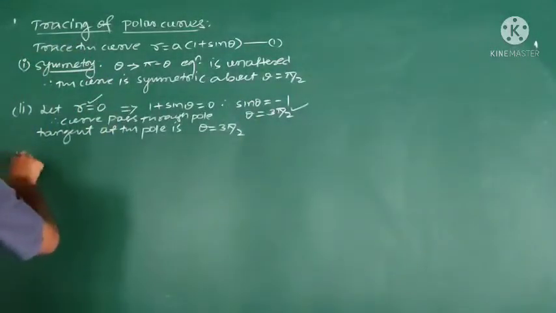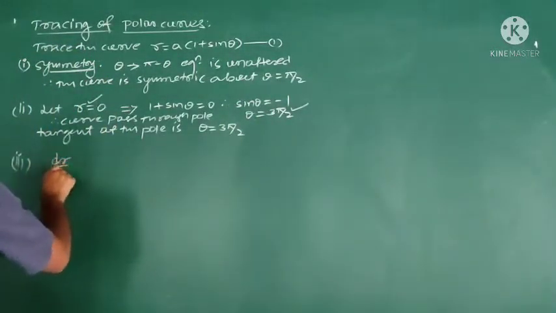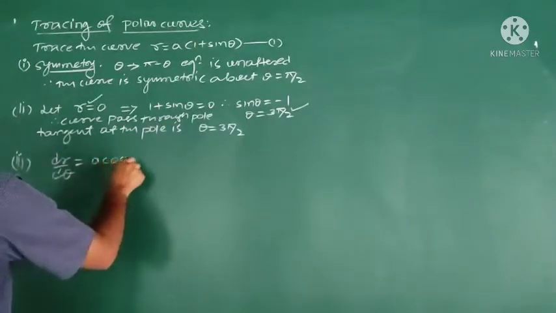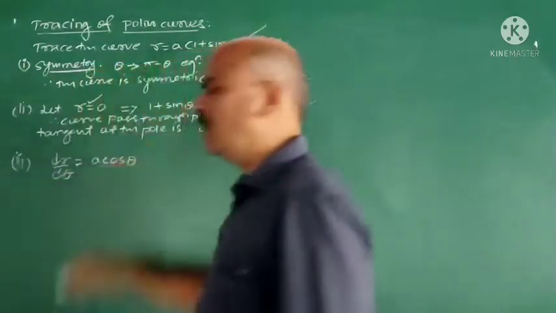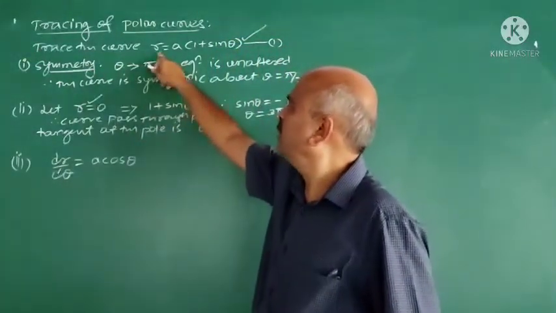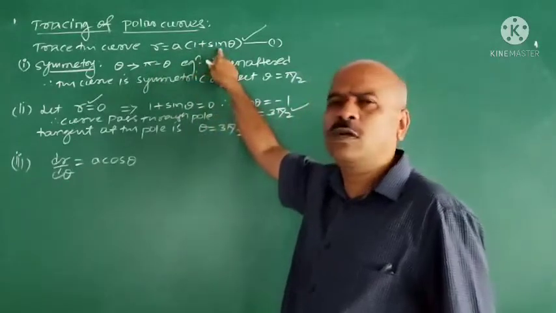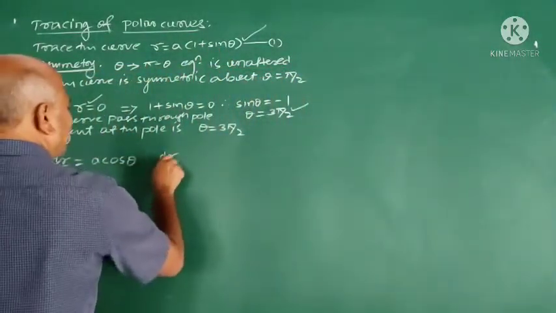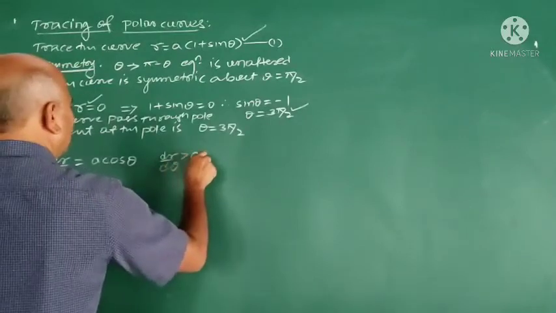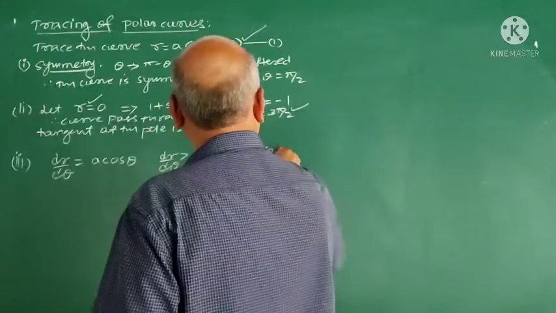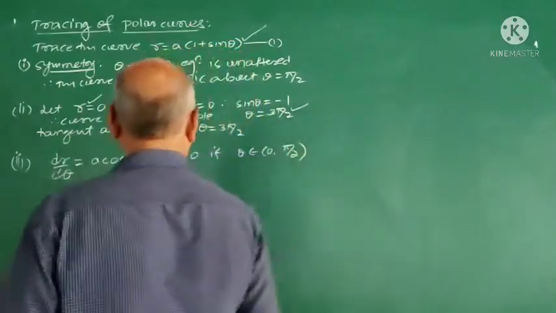Third one, I find dr by d theta. Differentiating with respect to theta, dr by d theta is a cos theta. Therefore, dr by d theta is greater than 0 if theta lies between 0 and pi by 2.